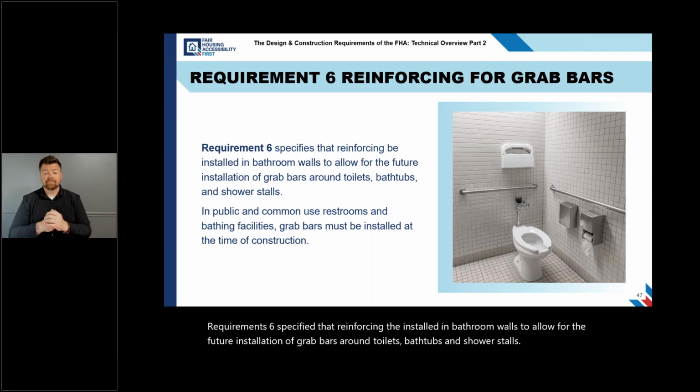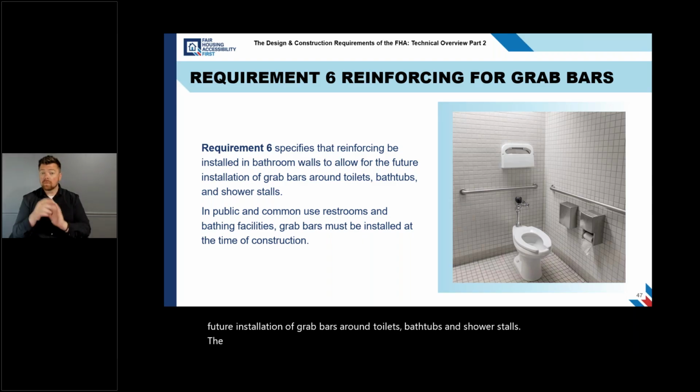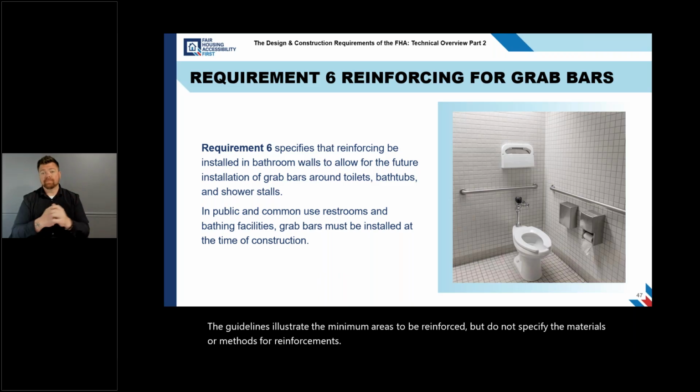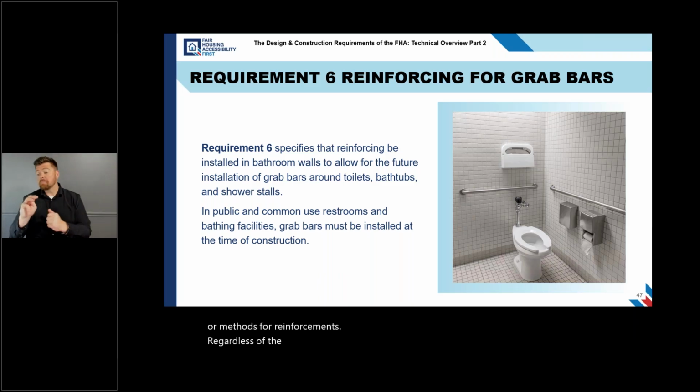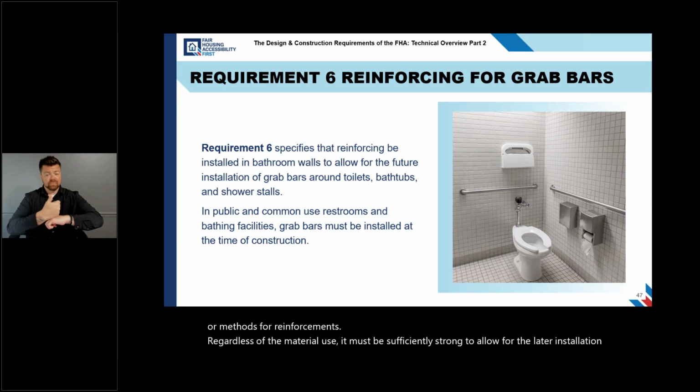The guidelines illustrate the minimum areas to be reinforced, but do not specify the materials or methods for reinforcing. Regardless of the material used, it must be sufficiently strong to allow for the later installation of grab bars.